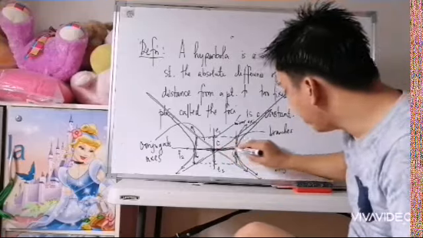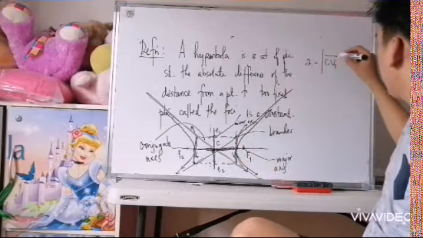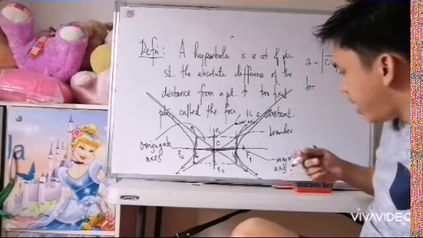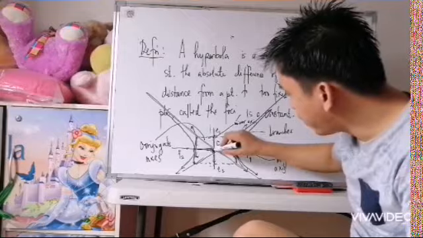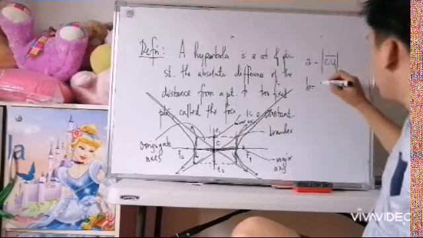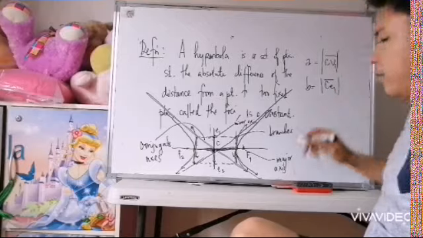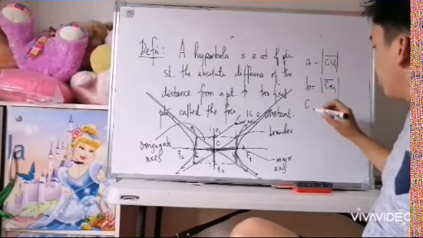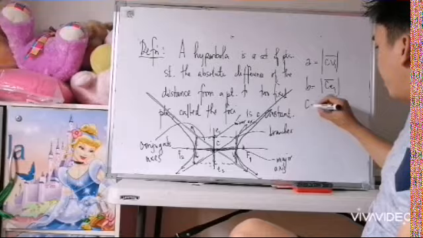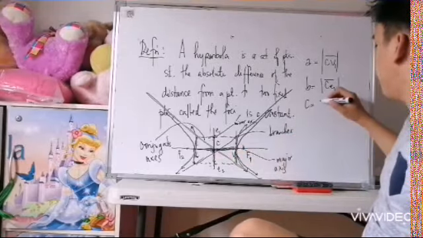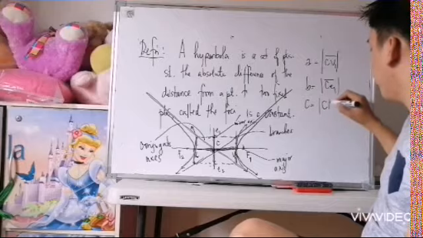From here, it's measured A. We denote B as the distance from the center to any co-vertex, say center to E sub 1. And we denote C as the distance from the center to any focus, say center to focus 1.